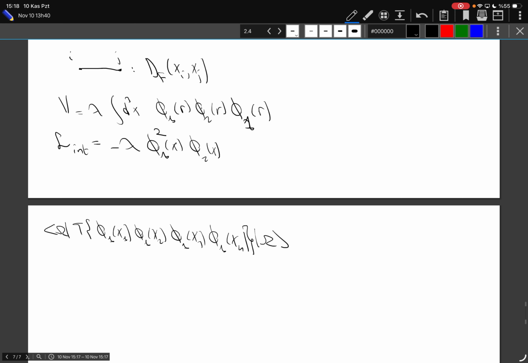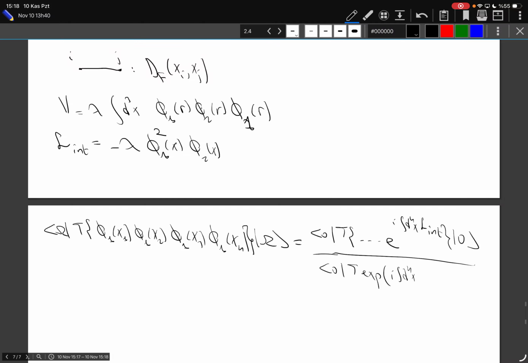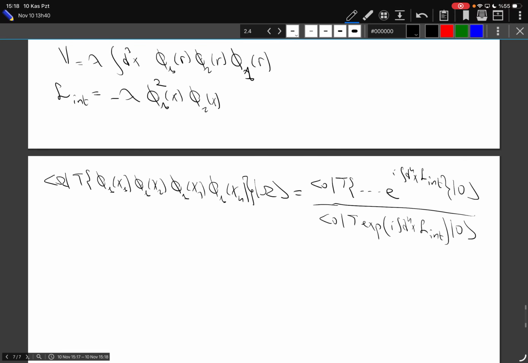Well, I know what this is. This is just the vacuum matrix element of the time ordered product of my fields and e to the power i d4x of the interaction Lagrangian, divided by the time ordered product of only the exponential. What do I have? Let me just look at the numerator first.